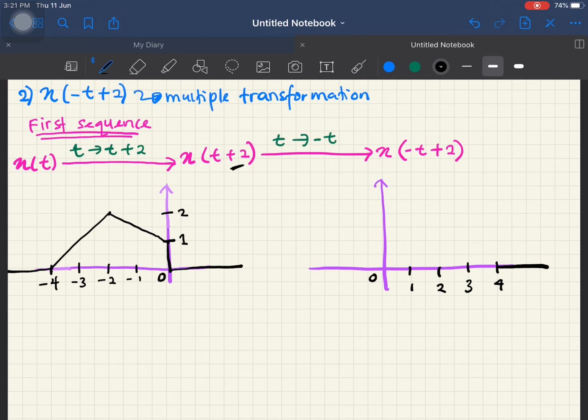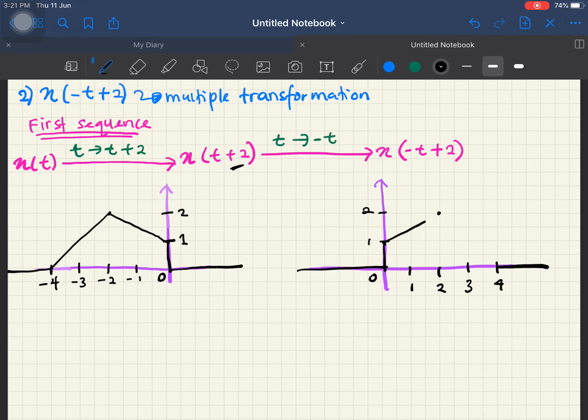And then this peak of 2, instead of at minus 2, it will happen at 2 seconds. And then this one will remain.